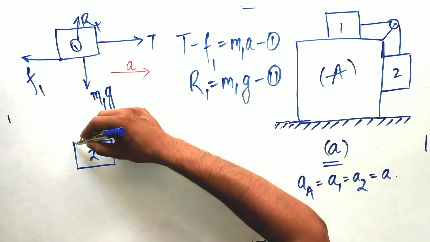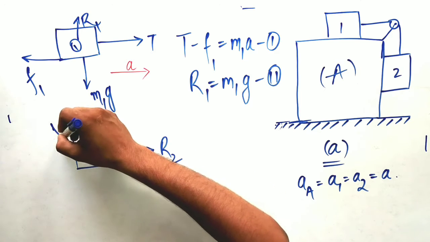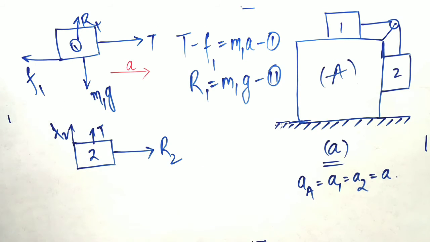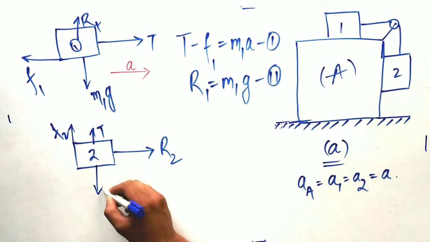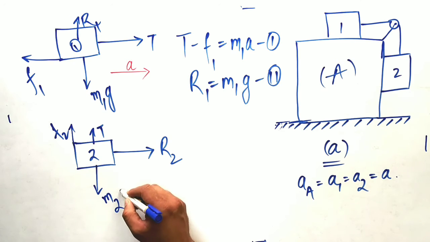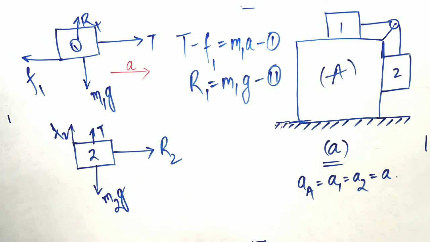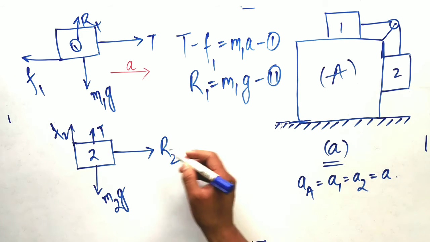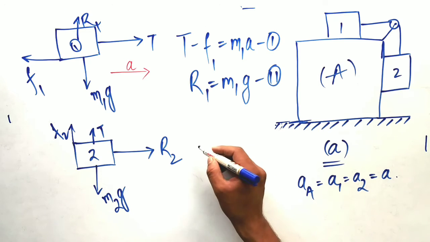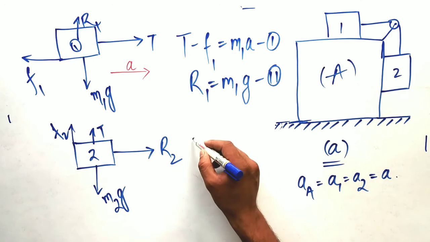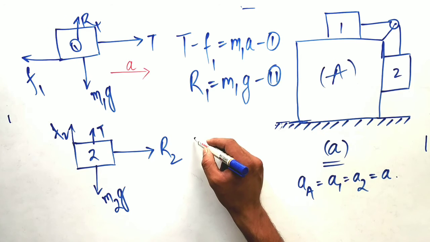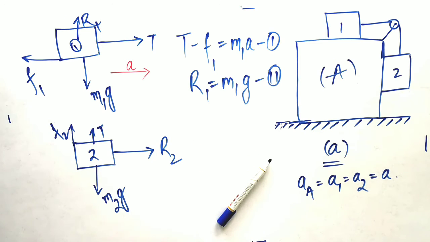Friction is going to act upwards, F2. And that's it. These are the four forces acting on it. The equations for this body are going to look like, also will show the direction of acceleration.